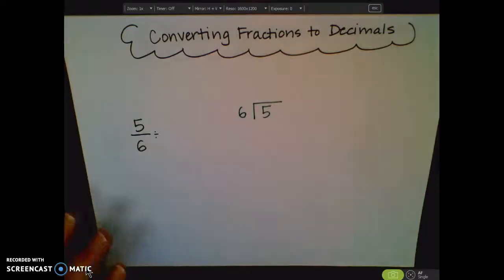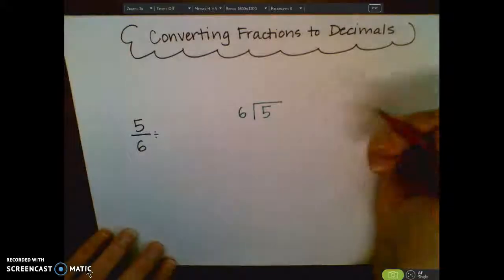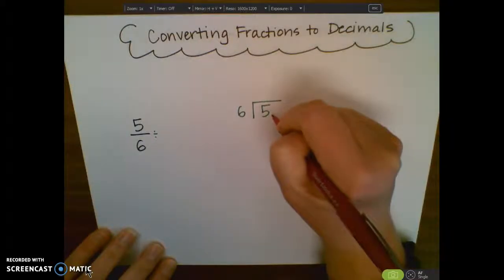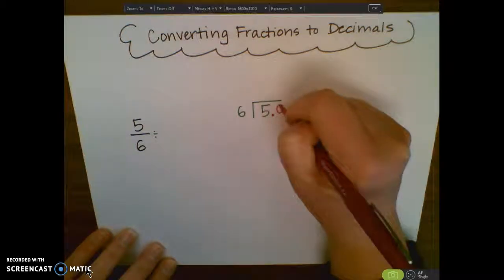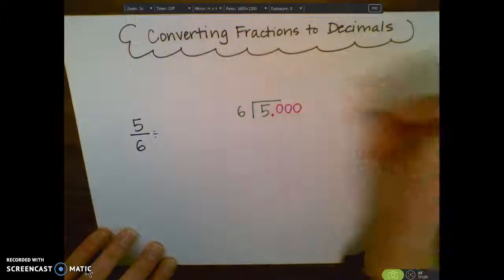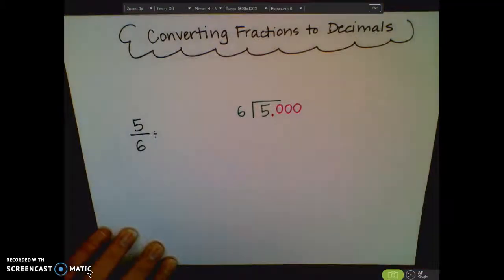Now, when we do our division, if you remember when we talked about this in class, 5 has a value like this, but I can make 5 have the same value when I put 0.0 there. I can keep adding zeros if I need to, and it still retains the same value.